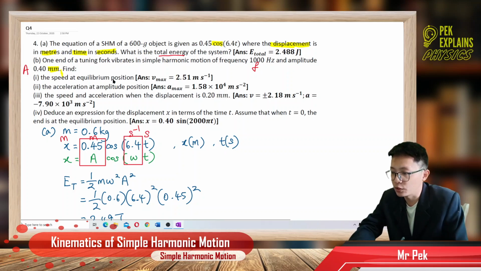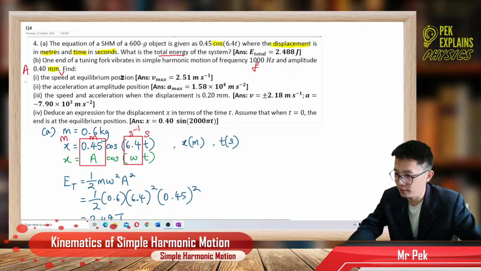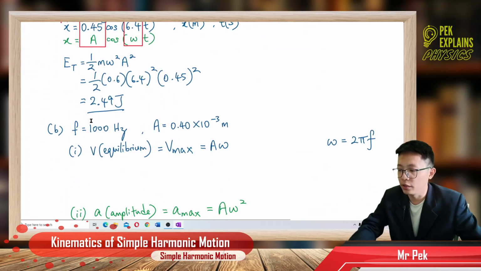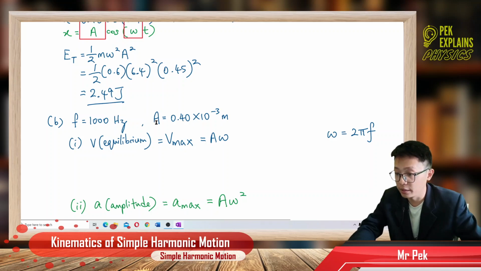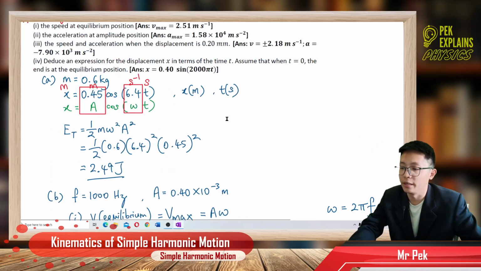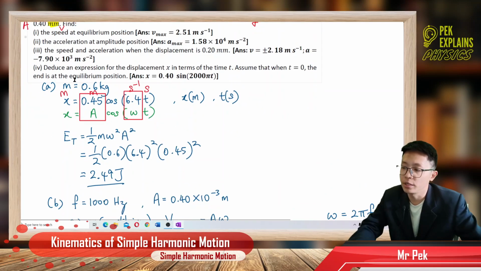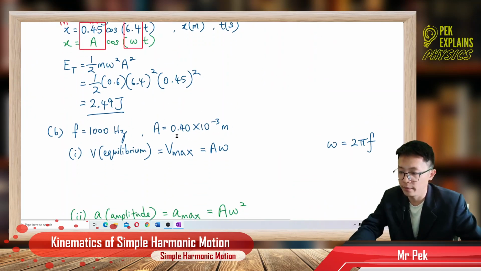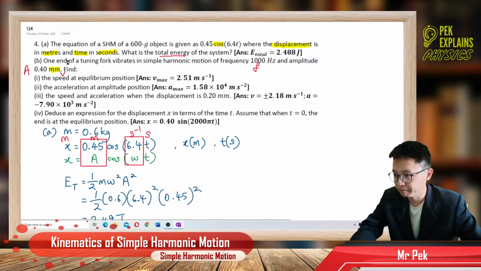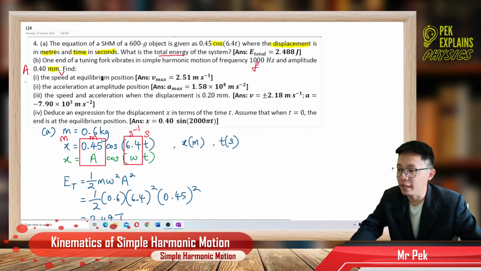So the question asks for the speed at equilibrium position. The information we have is the frequency, 1000 Hz, and the amplitude in millimeter, so make sure you change to SI unit meter, exponent minus 3.